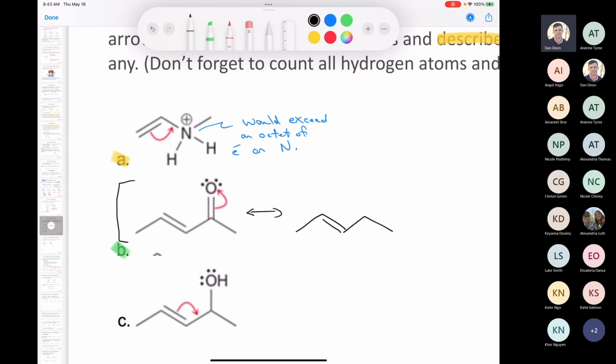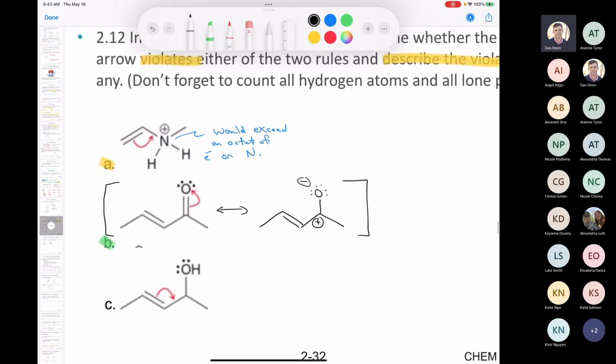We didn't touch this double bond. And so now we would have this resonance contributor, but now we would have formal charges. We would have a positive charge on the carbon, and a negative charge here, but there's no violation here. So the carbon has less than an octet, but that is okay. Nothing wrong with that.